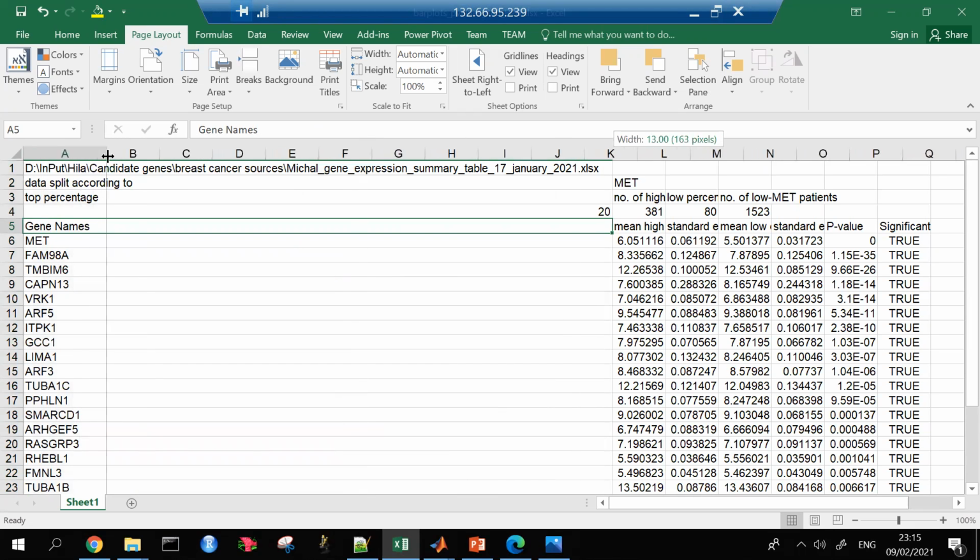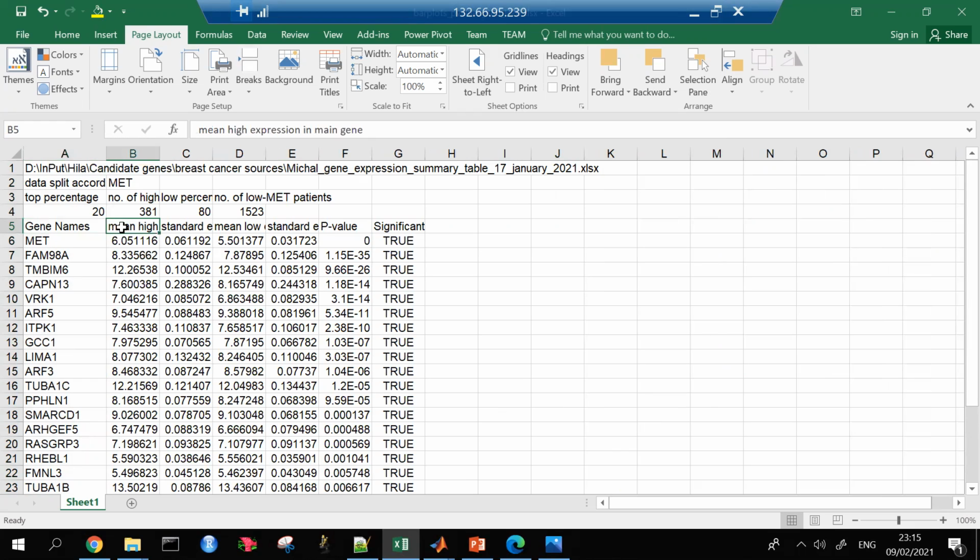The average expression in the group with high MET, the average expression of the group with low MET or rest, the standard error of the group with high MET, the standard error of the group with low MET, and then the p-value, which was calculated with t-test.